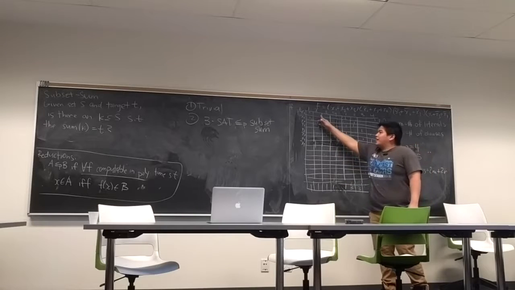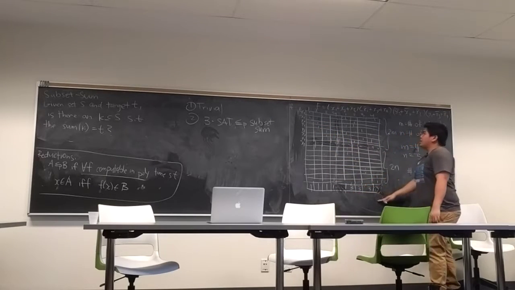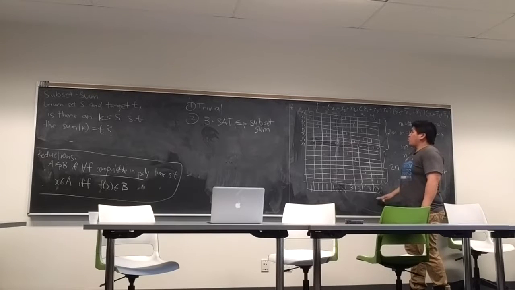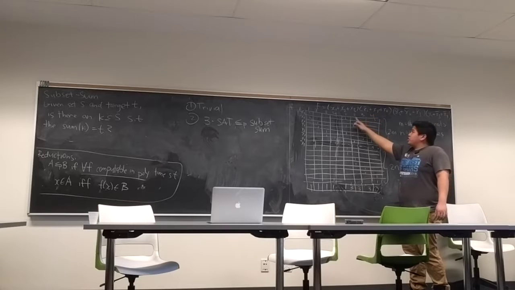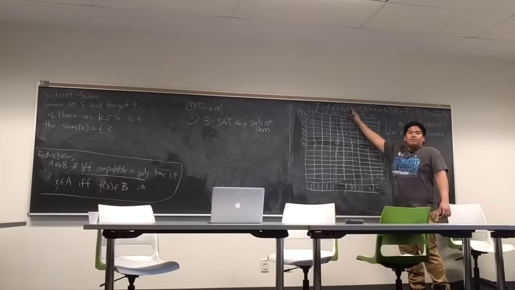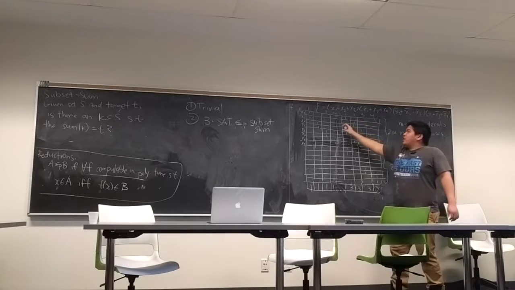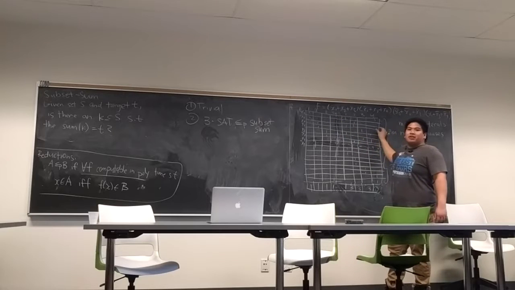These guys are 3 because, for each clause, you need at least one literal that's true. So the rows that we pick are the satisfying assignment.